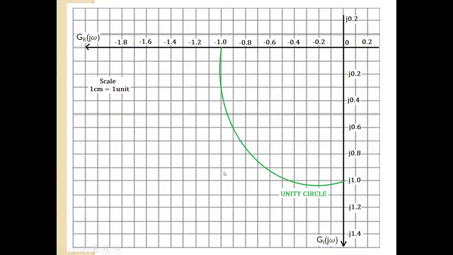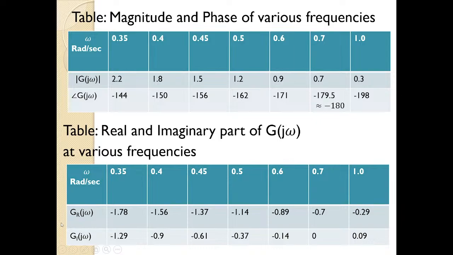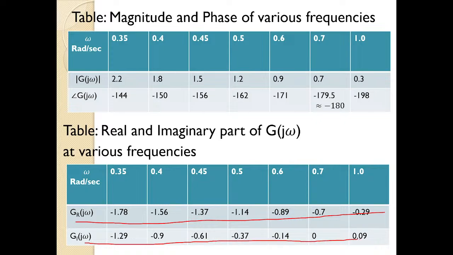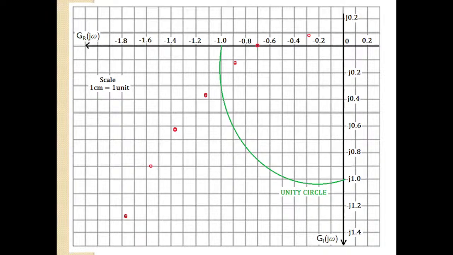Now from the table, we have some real values and some imaginary values. Locate the real values and imaginary values on the graph. So these are the points.